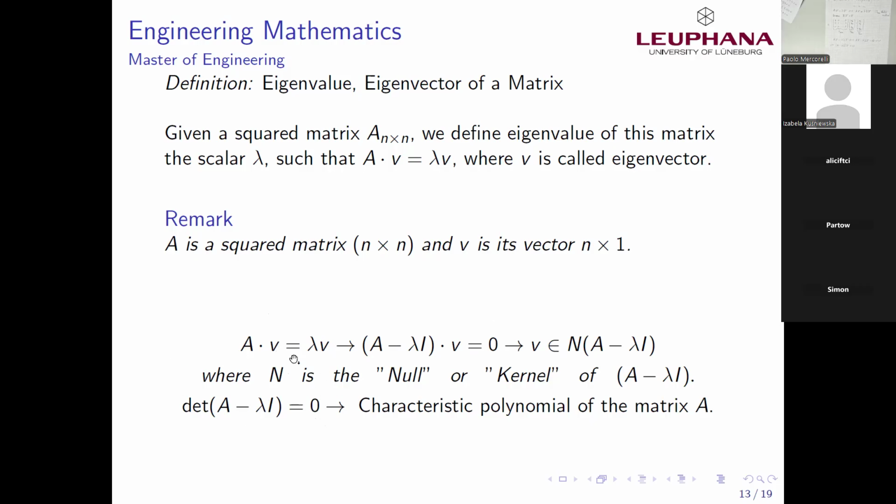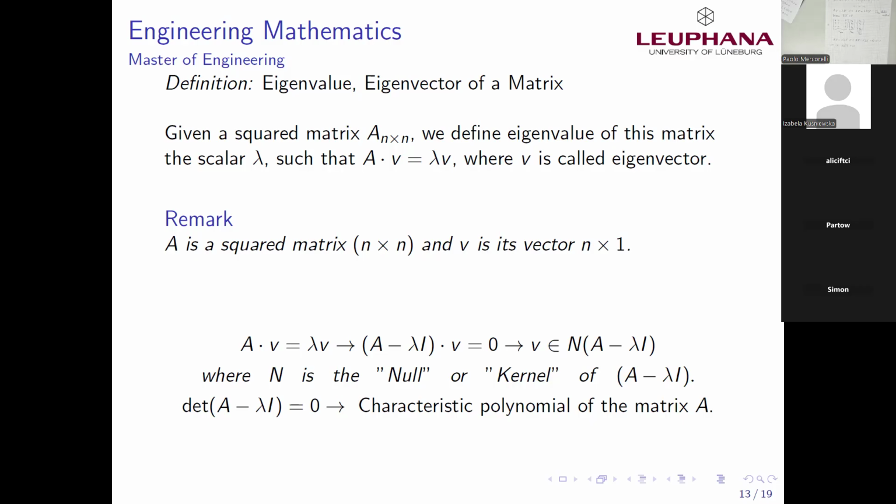But we don't consider V equals 0 as an eigenvector, because the trivial solution, V equals 0, would be an eigenvector for each lambda. This does not characterize the matrix, because each matrix, and its transformation, we will see matrix and transformation, would be characterized by the eigenvector equal to 0, because 0 is transformed into 0 for each lambda.